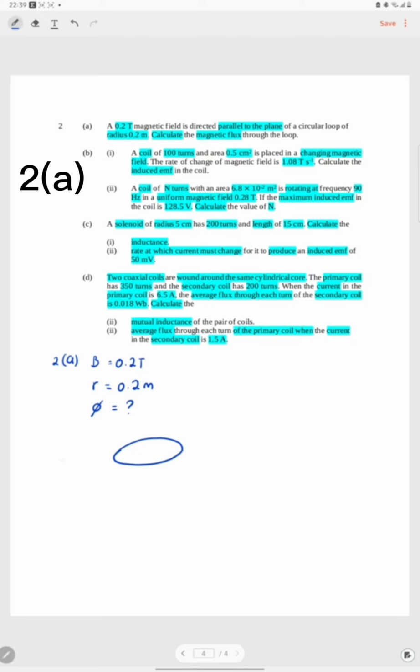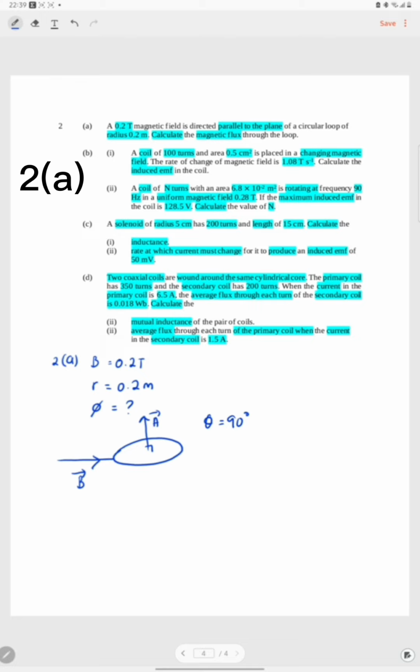Our B is parallel to the plane, and we know that the vector A is always perpendicular to the surface of the circular loop. So from here you can see that theta between vector A and vector B is 90 degrees.